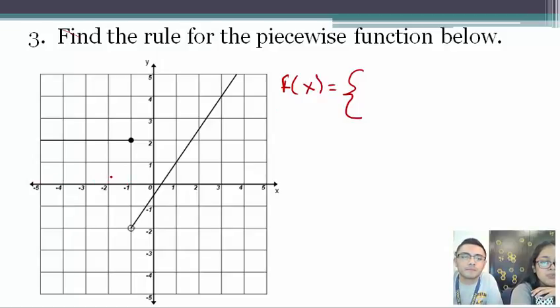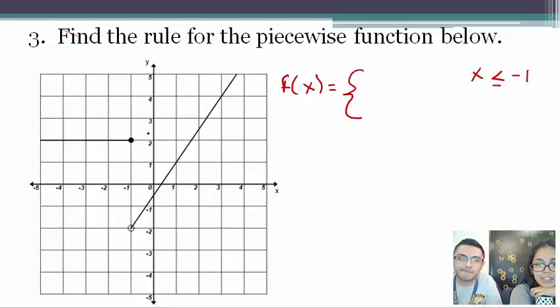Why don't we just jump in with the quick thing that we did on the last one? What can x be? So x can be equal or less than negative 1, and it's equal or less than because it's a closed circle. Oh, you're right. Okie dokie. Thanks.